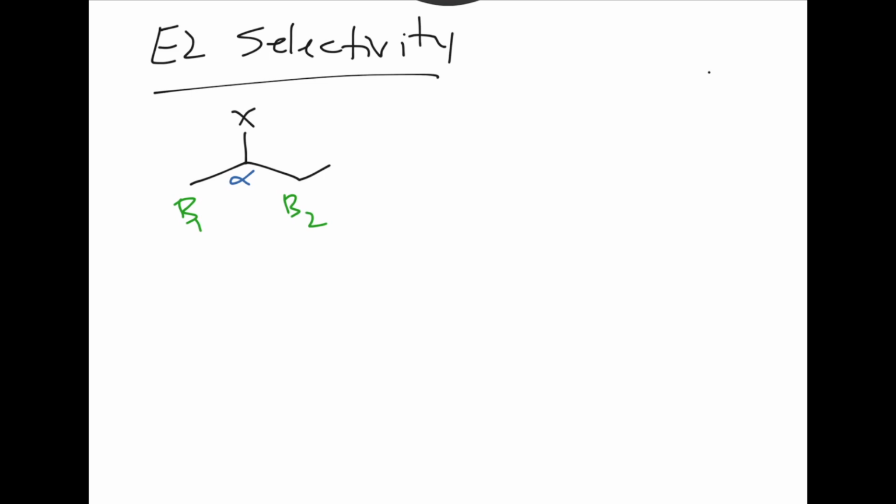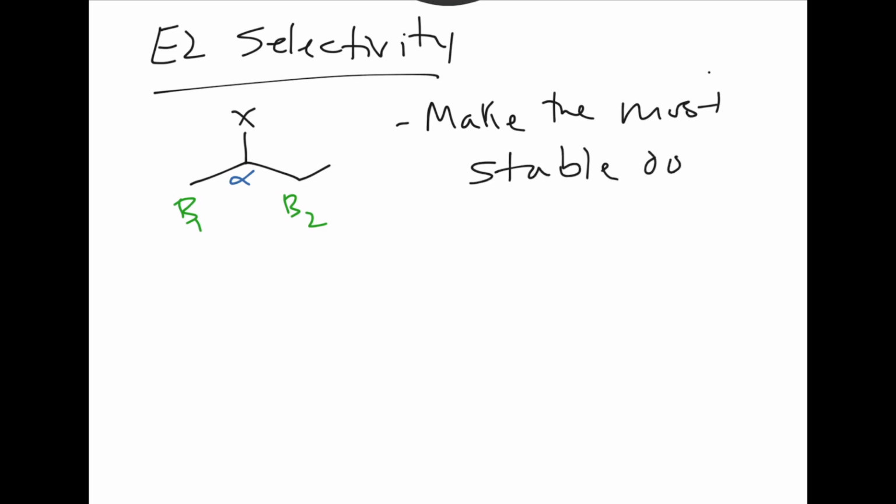The general rule of thumb is you want to make the most stable double bond possible, right?